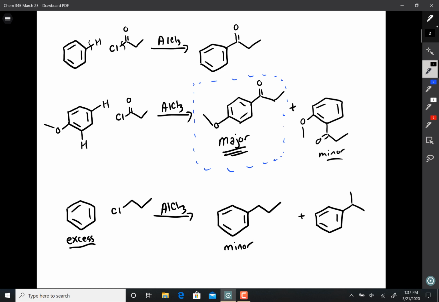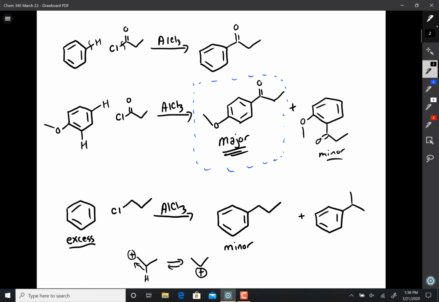Because this molecule right here, being a primary carbon, would form a primary carbocation. Carbocations can rearrange, and this is the electrophile that is added.